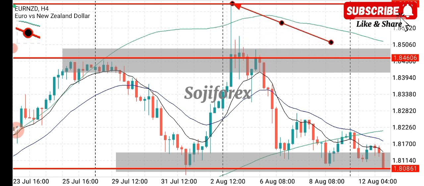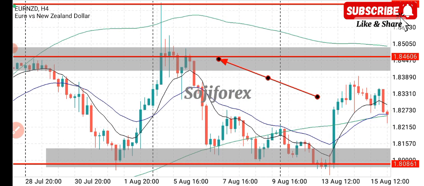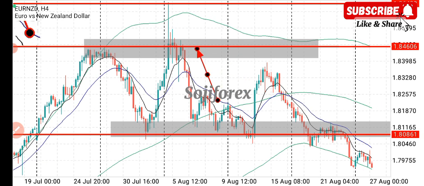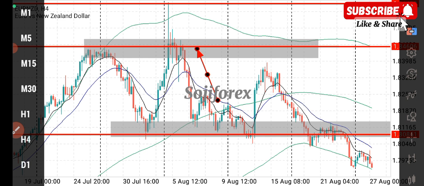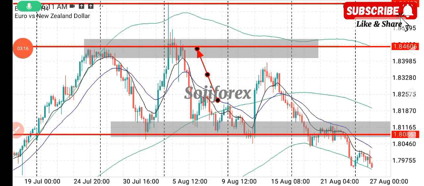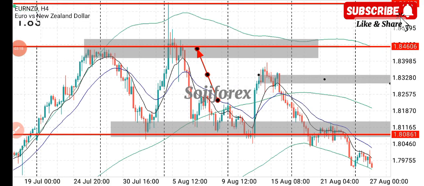So this is the failure of the buyers, which is indicated by the wick, by this rejection candle, signifying the failure of the buyer, while the reversal of the price from this point to the downside shows the reactions of the sellers and their presence in the market. So you mark out your point of failure and your point of reactions, and that is exactly what I am doing.